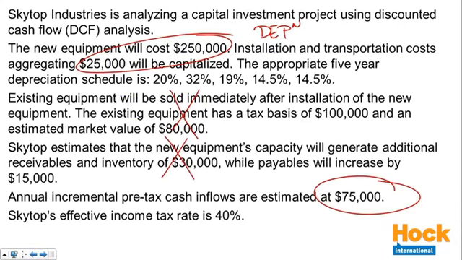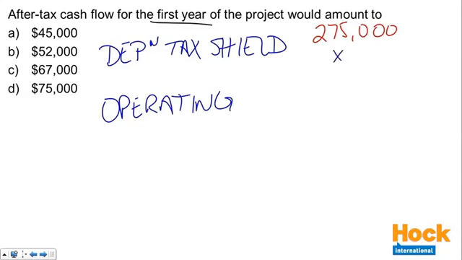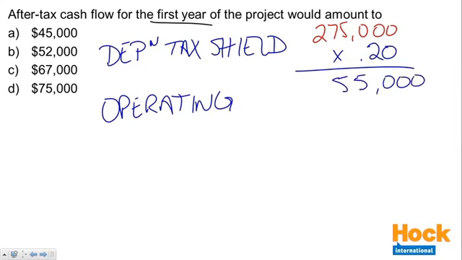So what's depreciation in year 1? They tell us that the depreciation schedule is 20%, 32, 19, 14.5, 14.5. So year 1 is 20% of the depreciable amount is going to be depreciated. So $275,000 times 20% is $55,000. That's our tax depreciation expense.